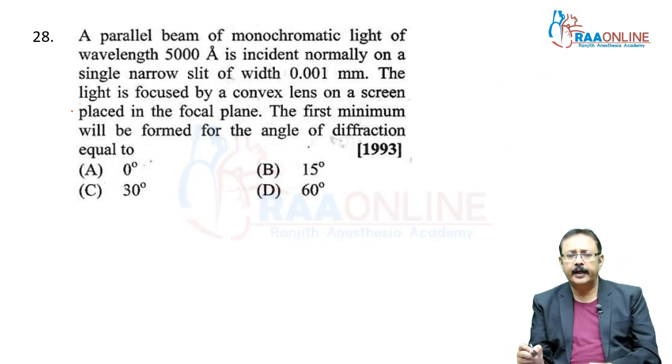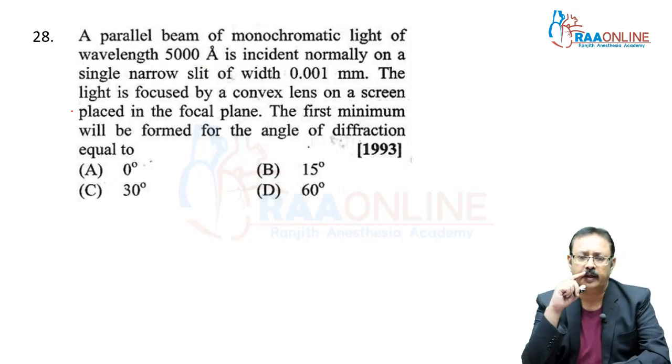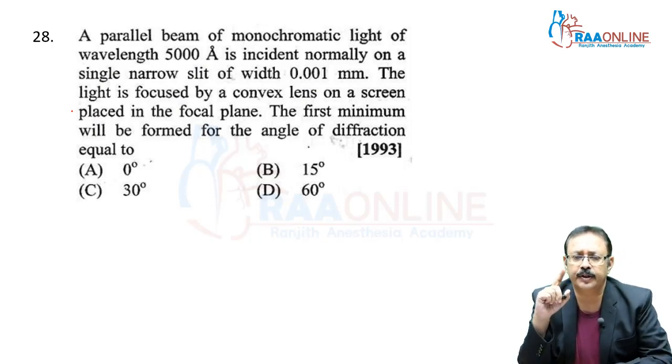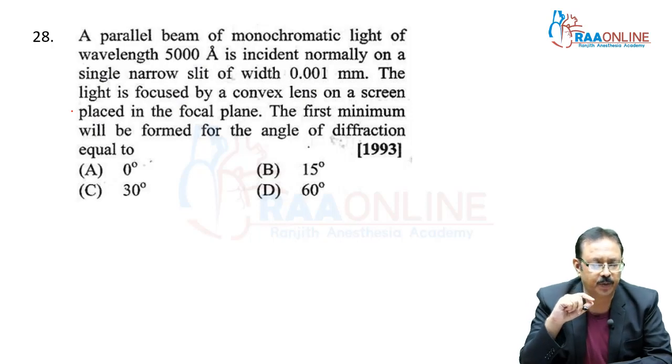Next, it is from 1993 AIPMT. A parallel beam of monochromatic light of wavelength 5000 angstrom is incident normally on a single narrow slit of width 0.001 millimeter. The light is focused by a convex lens on a screen placed in the focal plane. The first minima will be formed at an angle of diffraction equal to?